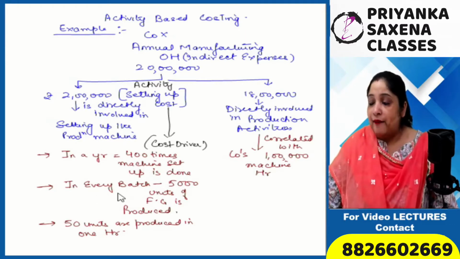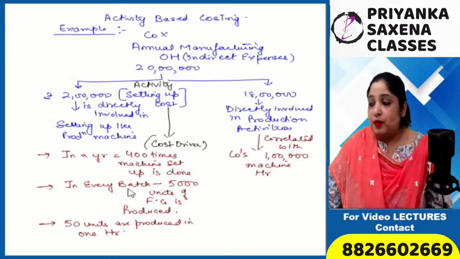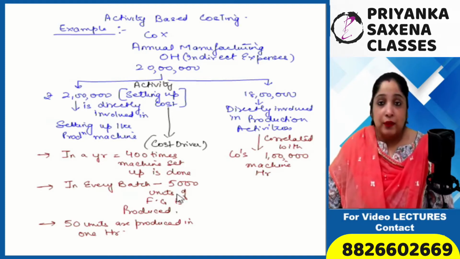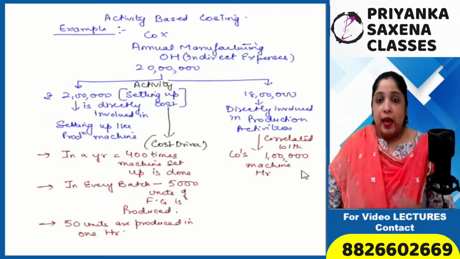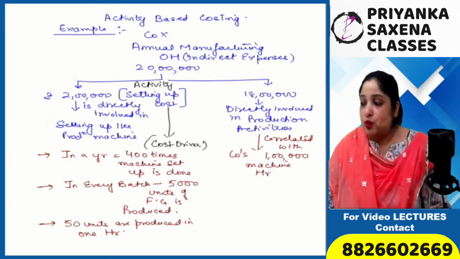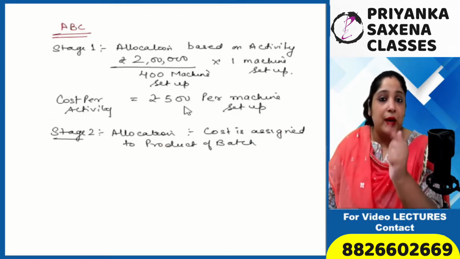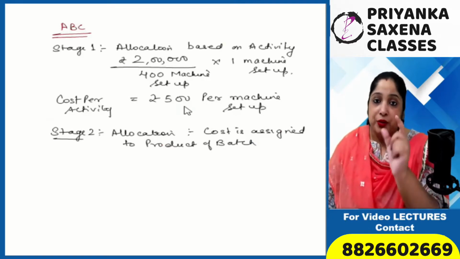Now second, every time you set up the machine, a batch is run. How many units are produced? 5,000 units are produced. So after spending 500 rupees, you are able to run one batch and produce 5,000 units.